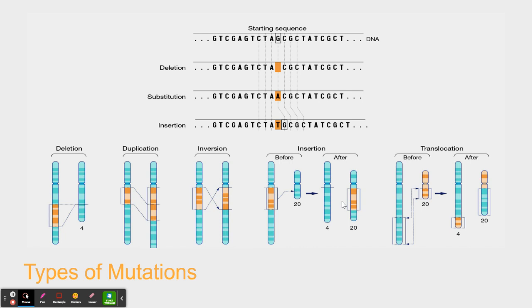But we're going to talk about the different types of mutations. For the most part, that all has to do with errors as the DNA is duplicating or replicating itself. There's a category called point mutations, and then there's also going to be frame shift mutations, which we're going to talk about a little bit later.